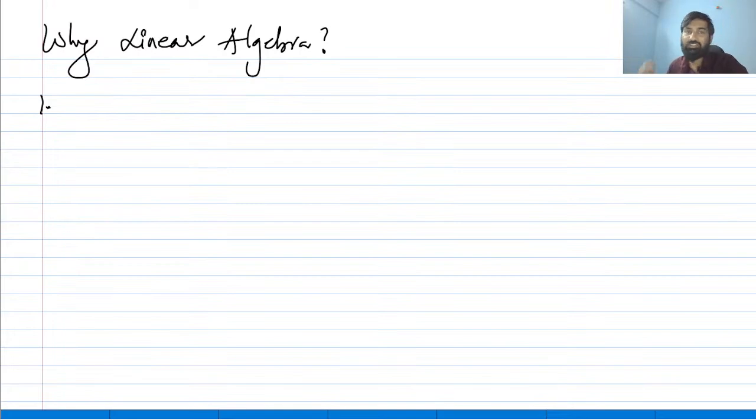If you want to solve a system of linear equations, linear algebra should be there for you. Guys, this is very important to remember: to solve a system of linear equations, you need linear algebra. Understood everybody?